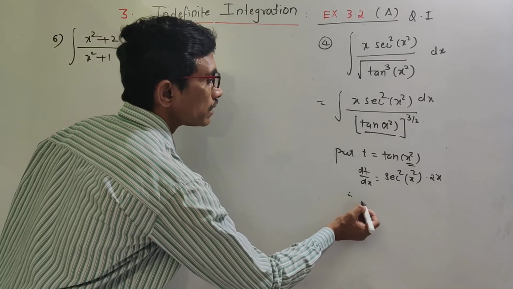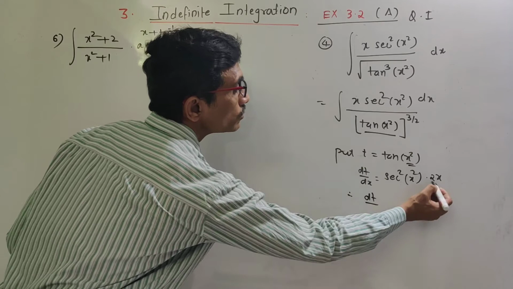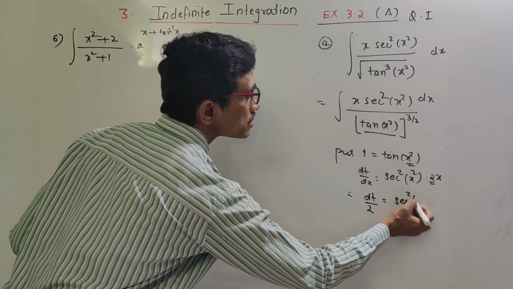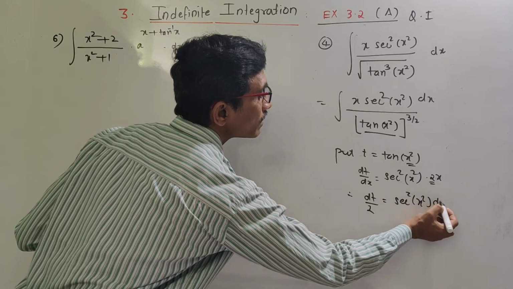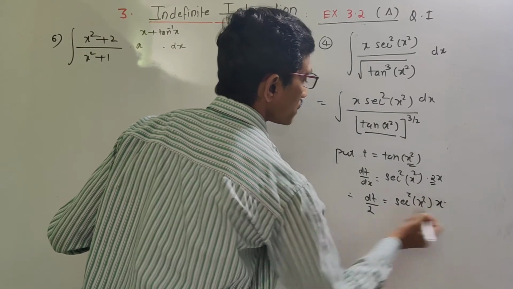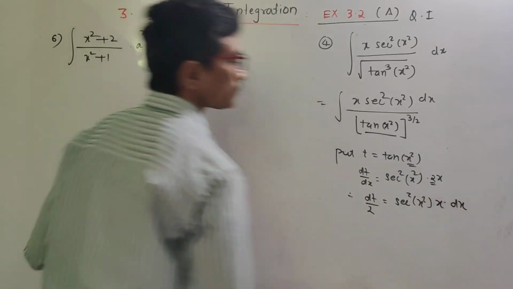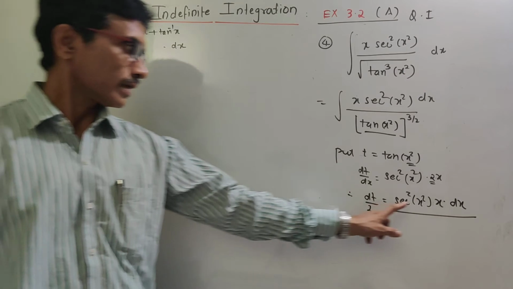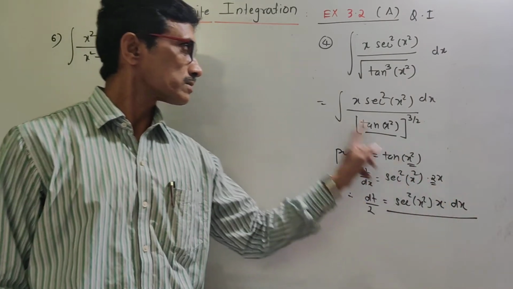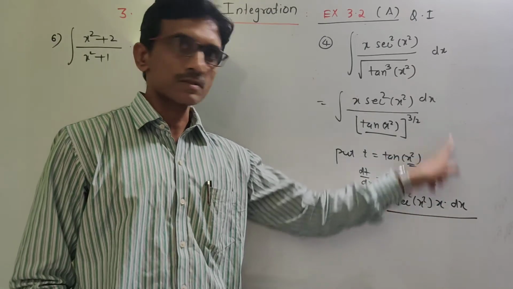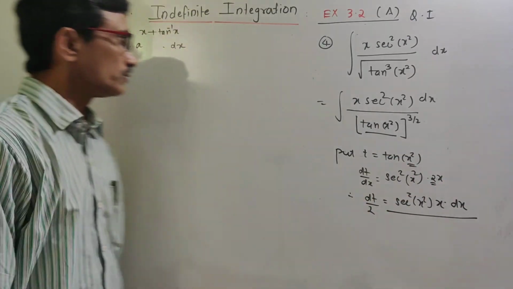Therefore dt upon 2 is equal to sec square x square into x into dx. So this complete term, that is sec square x square into x into dx, is equal to dt by 2.